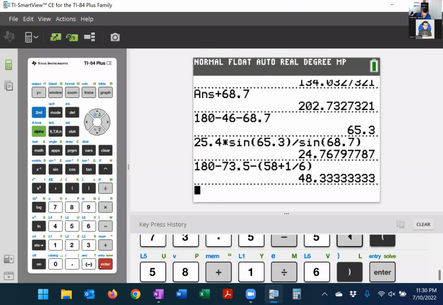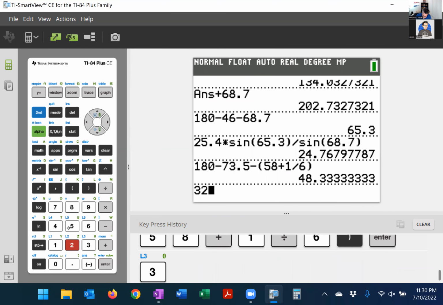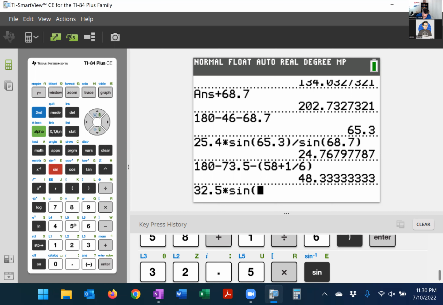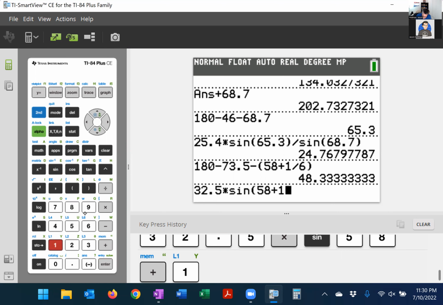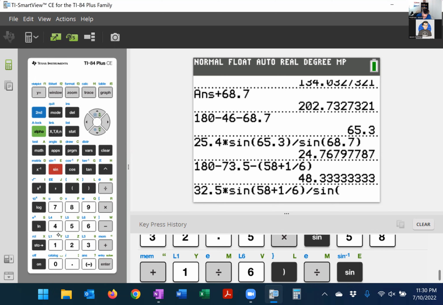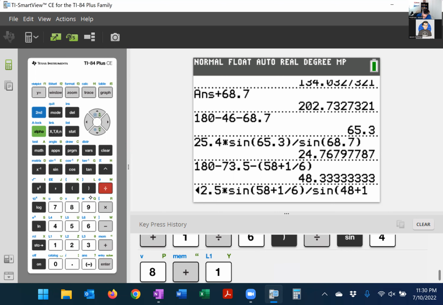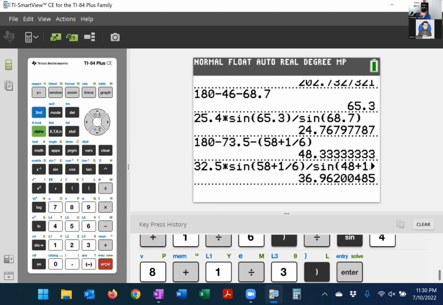So go to the calculator. 32.5 times the sine of 58 plus 1 divided by 6, divided by the sine of 48 plus 1/3, is about 36.962.